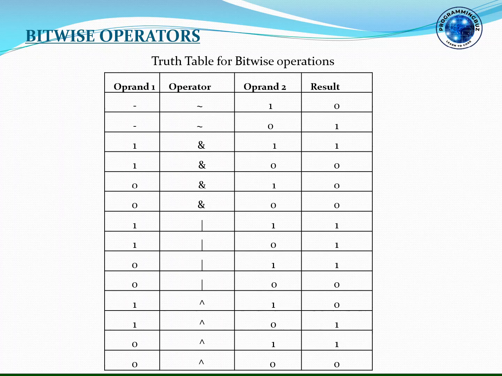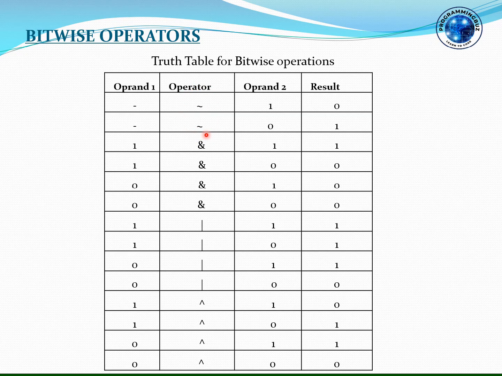Before going directly to the bitwise operations, we will first see the truth table for bitwise operations, which we will require for doing them. This truth table will give you the result for the different bitwise operators like the complement operator, AND operator, OR operator, and the EXOR operator. Let us consider the first operator, the complement operator.